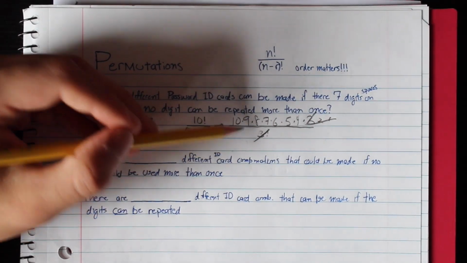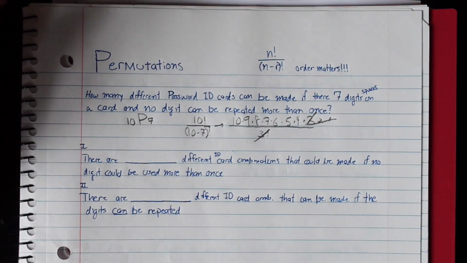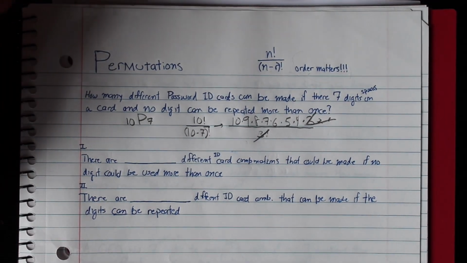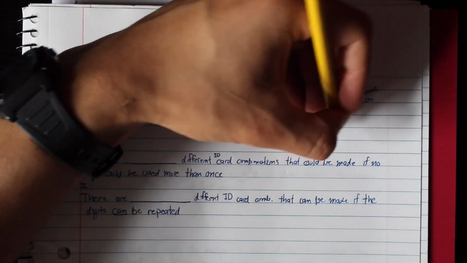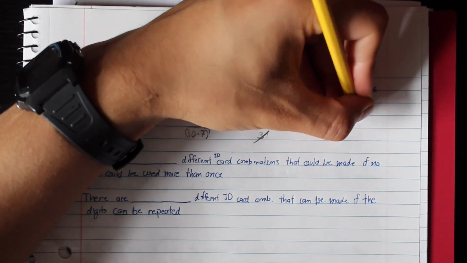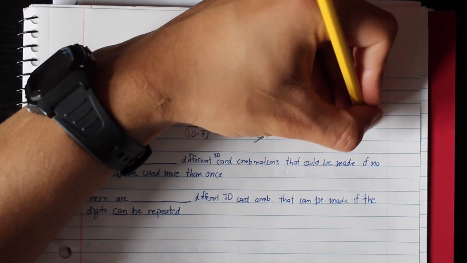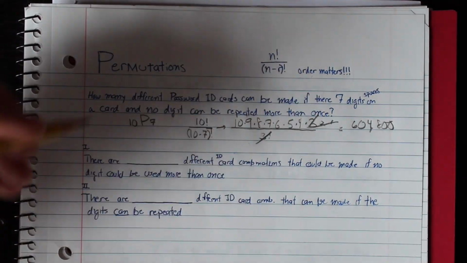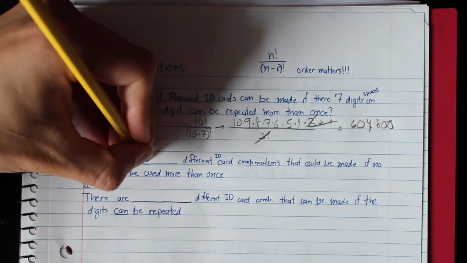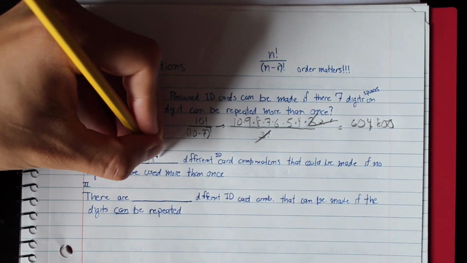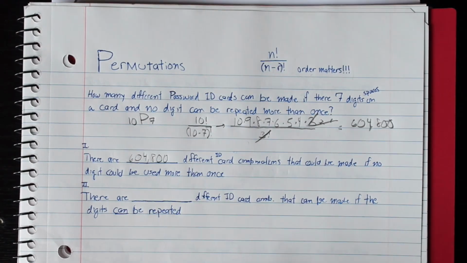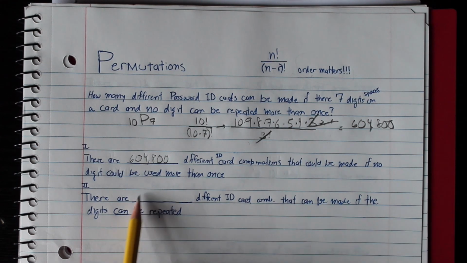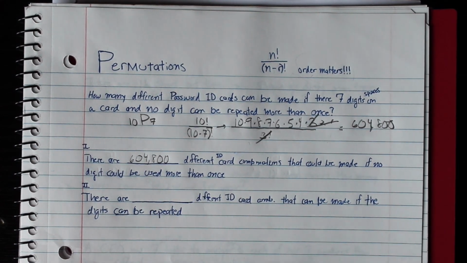We just multiply these, and I'm just going to put that on the calculator. Just give me 1 sec. That should be 604,800. So there are 604,800 different ID card combinations that can be made if no digit can be repeated more than once.